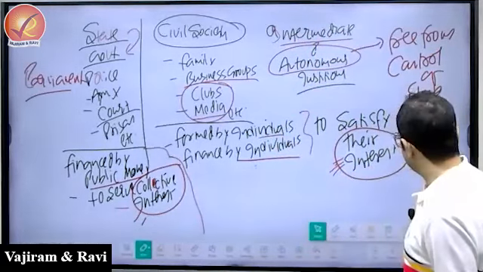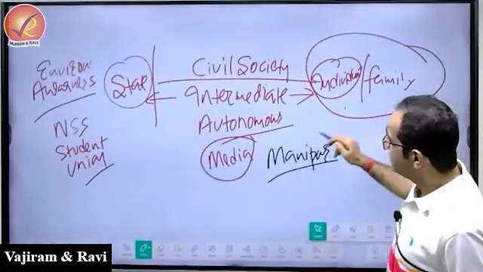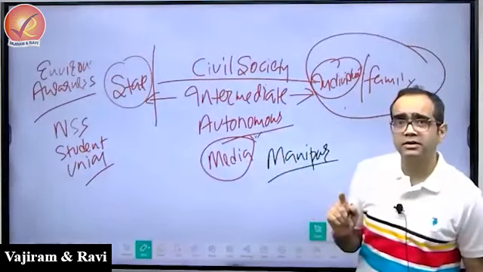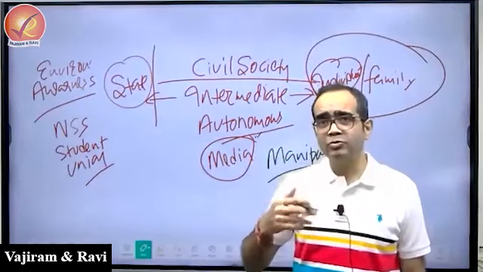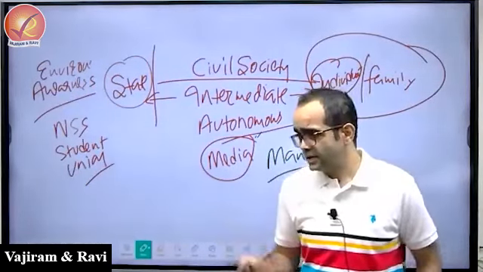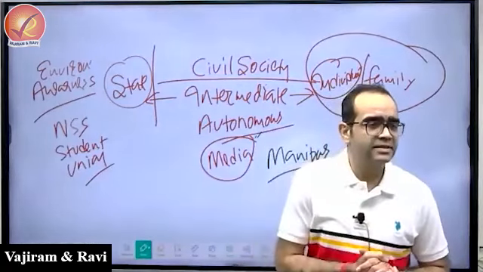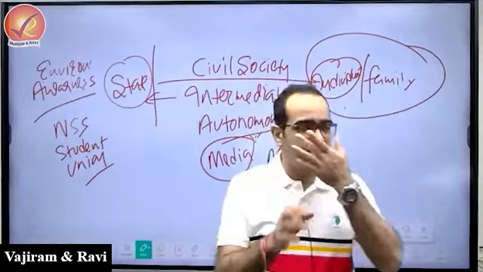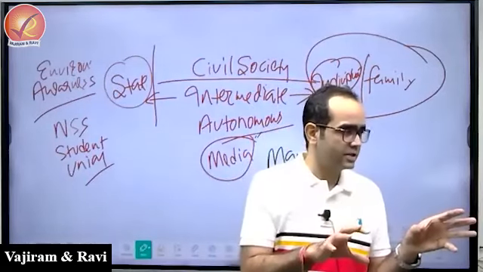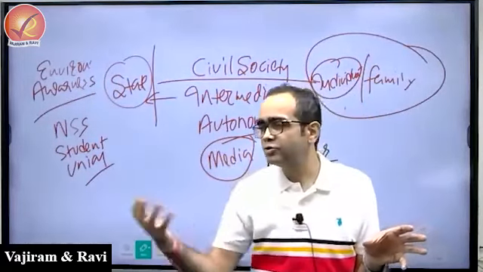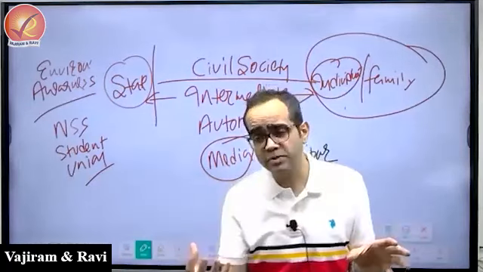So I use the words intermediate institutions, autonomous. Now I think Prajul is asking, what do you mean by free from control of the state? Free from control of the state in the sense that the state may make certain regulations for their proper functioning, but the state will not be deciding their day-to-day affairs. They are autonomous.